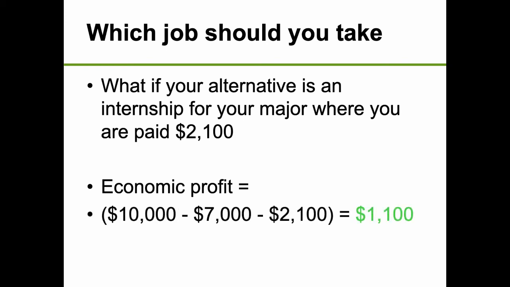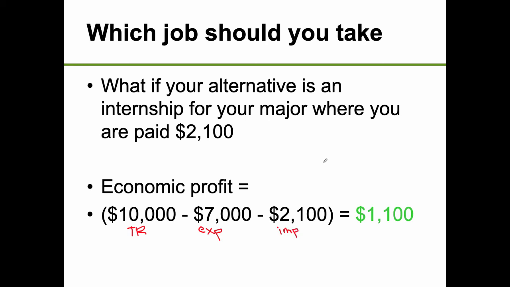Your explicit costs are $7,000, and now your implicit costs are $2,100. So again, this is your total revenue, this is your explicit costs, and this is your implicit costs.